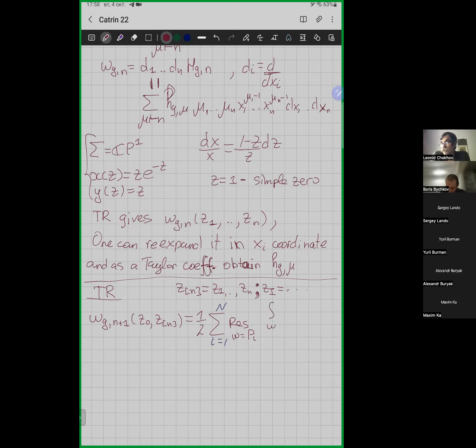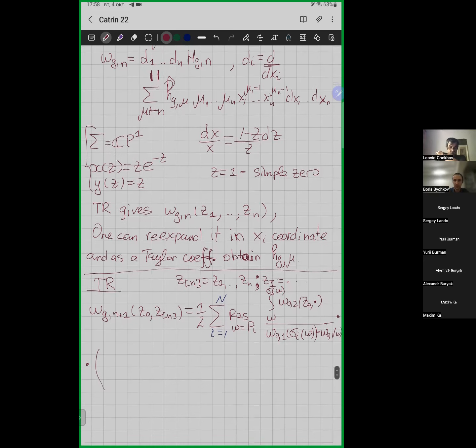It's an integral over omega 0,1 of sigma y of, I will say in a minute what is sigma, minus, times the recursion.